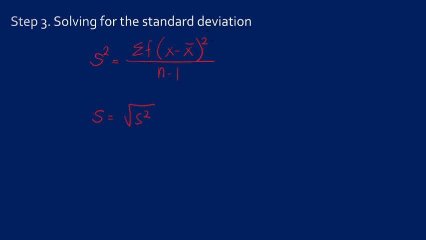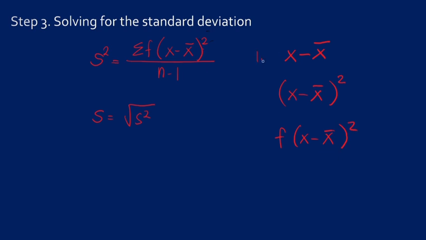So here the formula is the summation of x minus bar x. The first thing that we're going to do is solve for x minus bar x, and second we're going to square this, or get the square of the deviations, and then the third step would be to multiply that by our f.